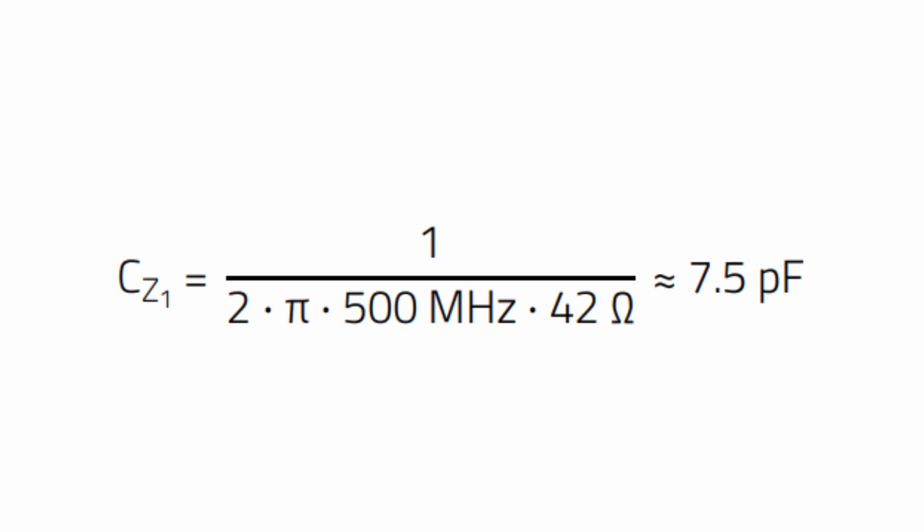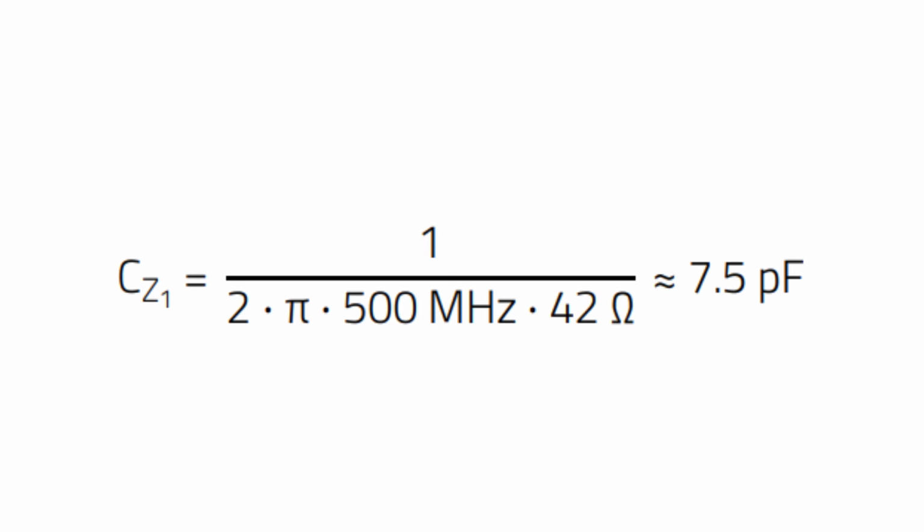So next we need the capacitance value, and this is required for attenuation at a frequency of 500 megahertz. It can be calculated as follows. That is, the capacitance equals 1 over 2 times pi times frequency times Z1. So we're going to substitute our known values.